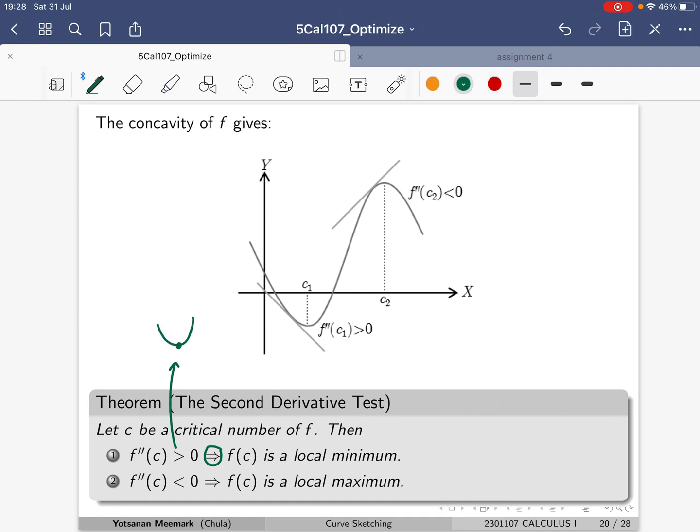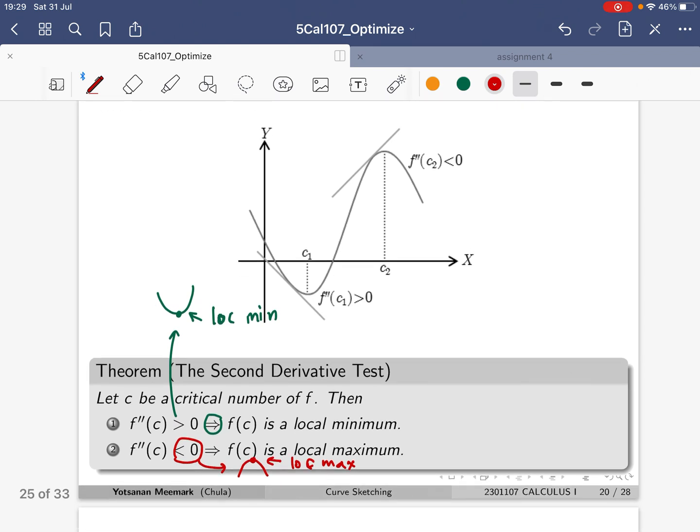By concave up, you got a valley, so a local minimum will occur here. And if your f double prime is negative, then it means that you have concave down. By concave down, it means that a local maximum, or a hill, occurs there.